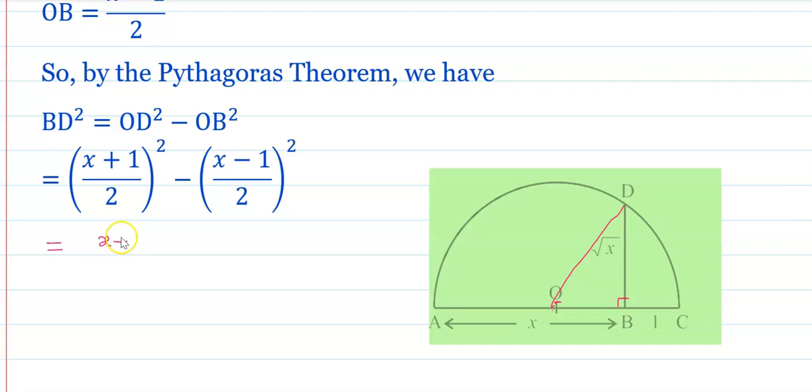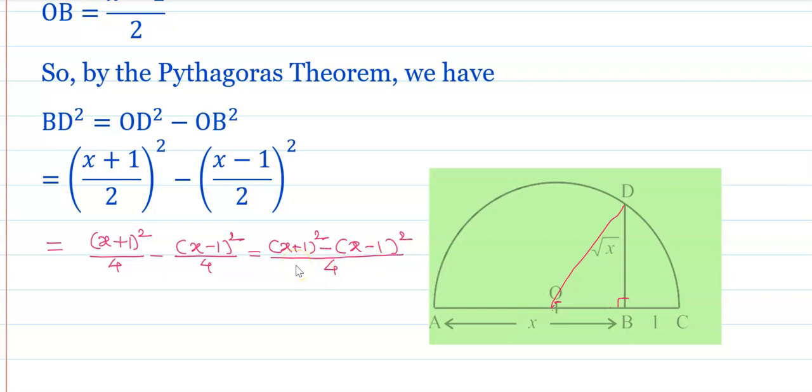Both of them have the same base, so x plus 1 bracket square upon 4 minus x minus 1 bracket square upon 4. Therefore you will get x plus 1 bracket square minus x minus 1 bracket square, and this whole divided by 4.